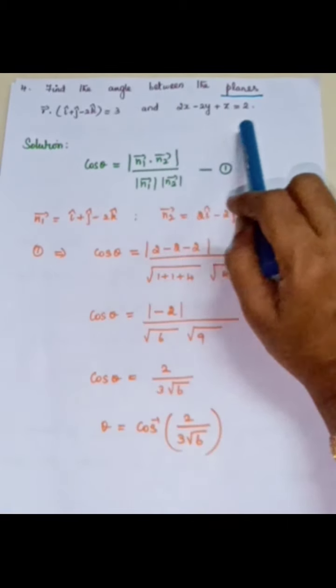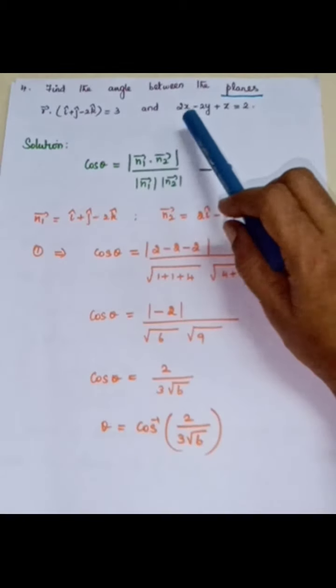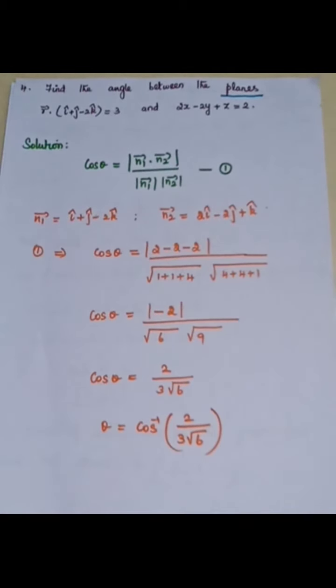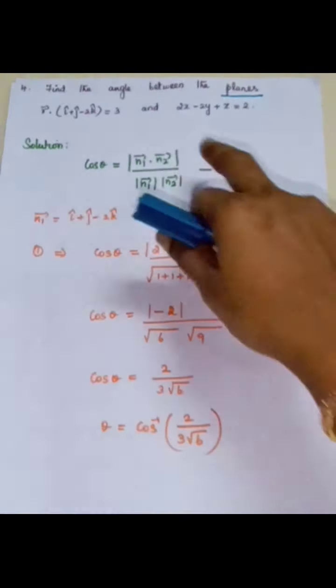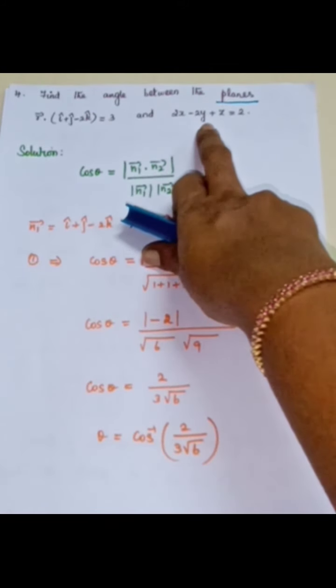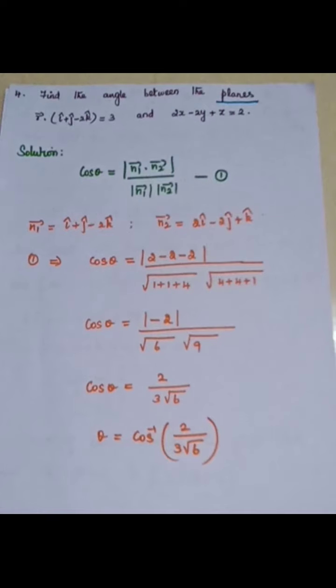And here it is in the Cartesian form. So the coefficients of x, y, z are nothing but the coefficients of the perpendicular vector to the plane, because it can be written as r vector, that is xi cap plus yj cap plus zk cap, dot 2i cap minus 2j cap plus k cap is equal to 2.